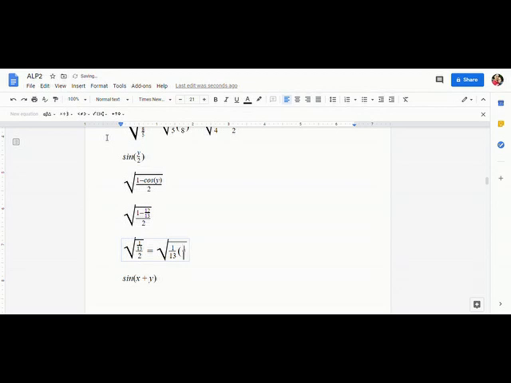So 1 over 2. That equals the square root of 1 over 26. Alright, and we'll leave it there.